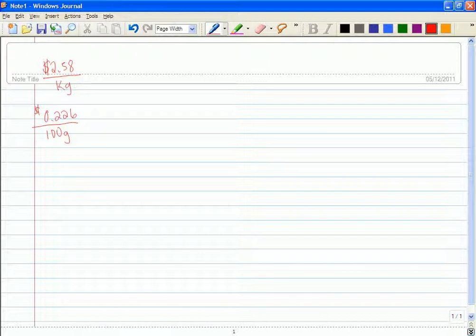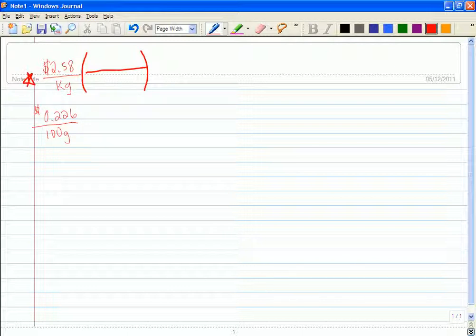So what do you think we need to do in order to help these things get on the same page? What's a conversion I have to make here? Grams need to be turned into kilograms in order to compare these. So I'm going to make my conversion. Now let's think about this. What do I want to remove?